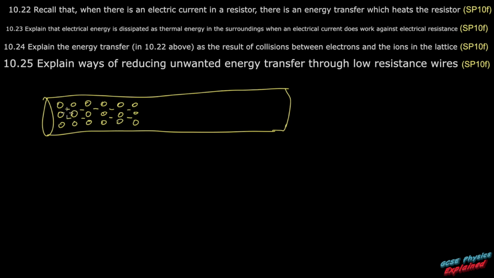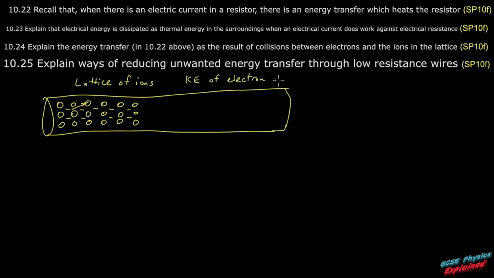Now, as those little electrons try to flow down through the wire, they collide into the ions. It's what we call a lattice of ions. Now, every time that the little electron bumps into the ion, the kinetic energy from the electron gets transferred to the ion.